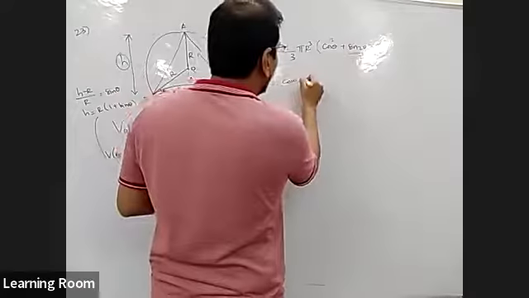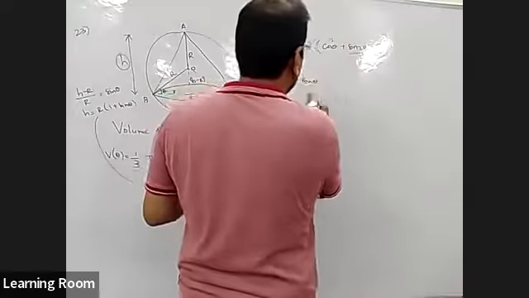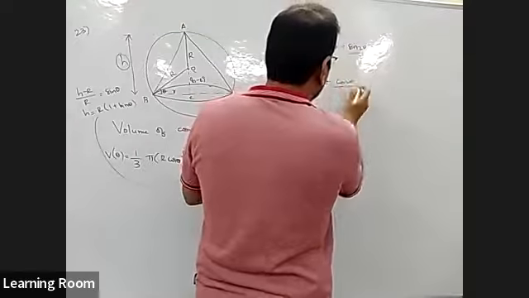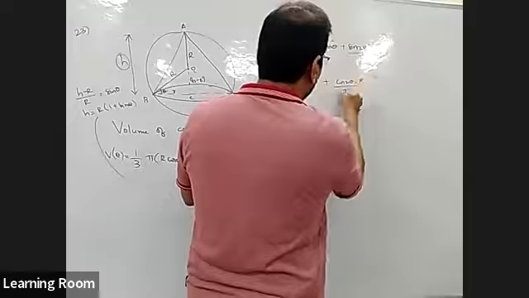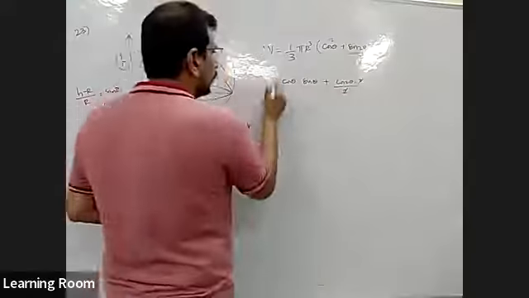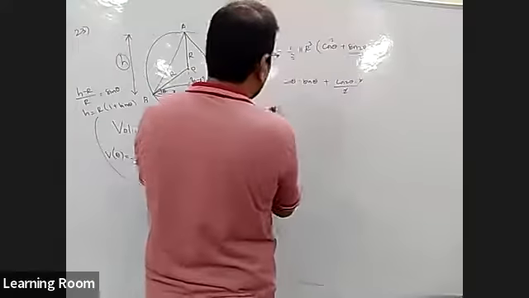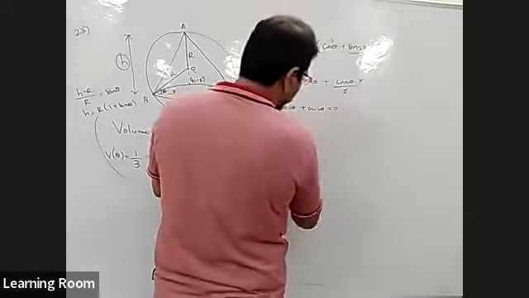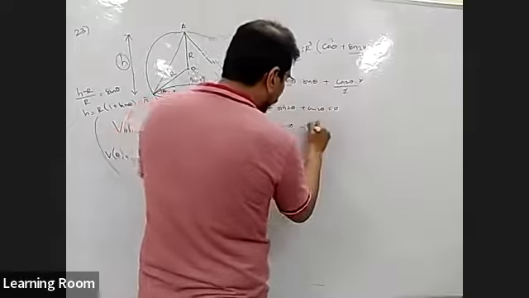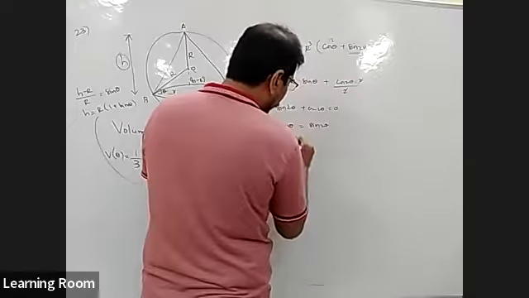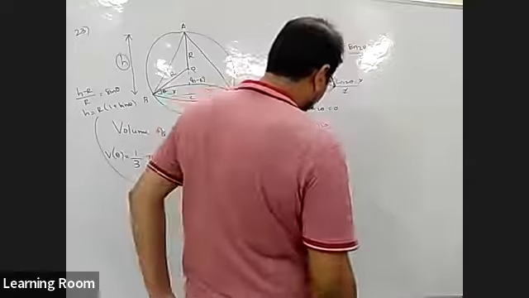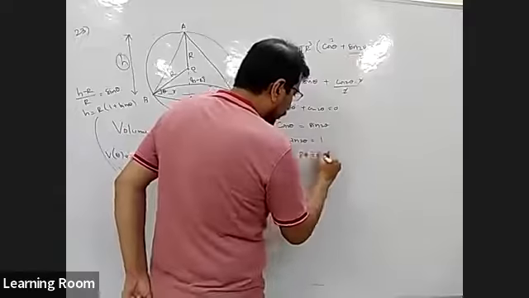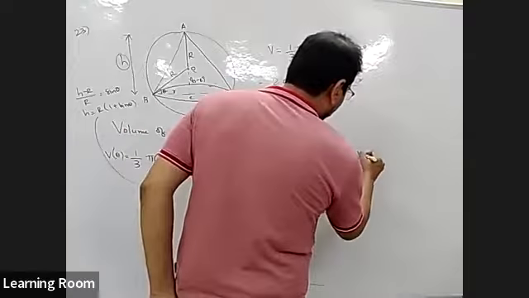So 2 cos theta into sin theta, with the minus sign, plus cos 2 theta. So minus sin 2 theta plus cos 2 theta. So cos 2 theta is equal to sin 2 theta. So tan 2 theta is equal to 1. So 2 theta is pi by 4, which implies theta will be pi by 8.